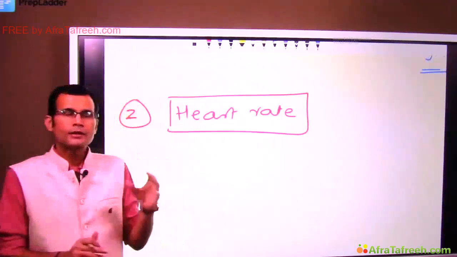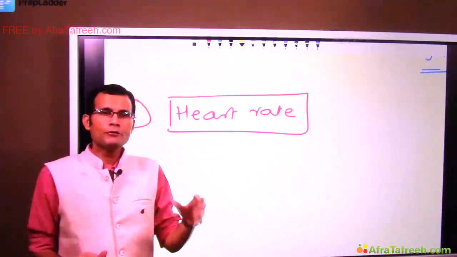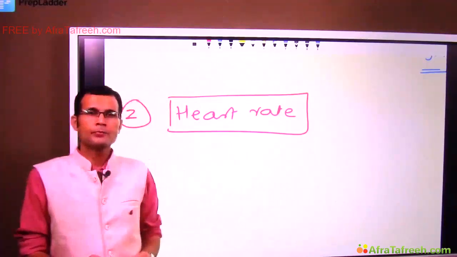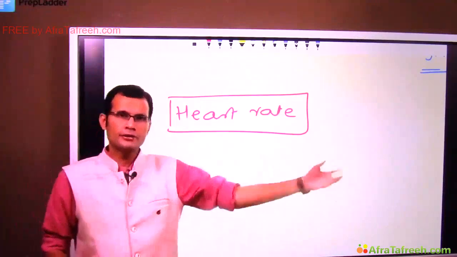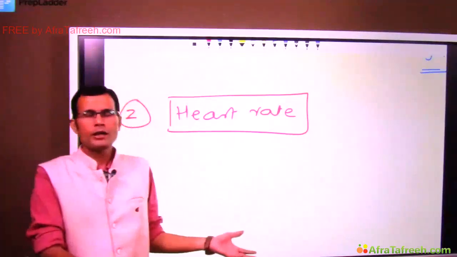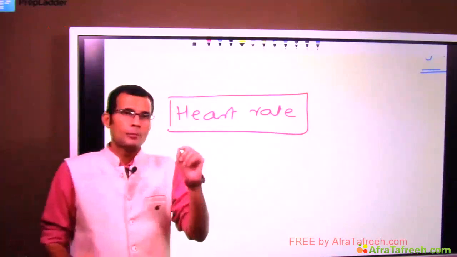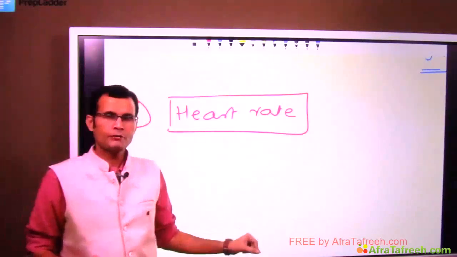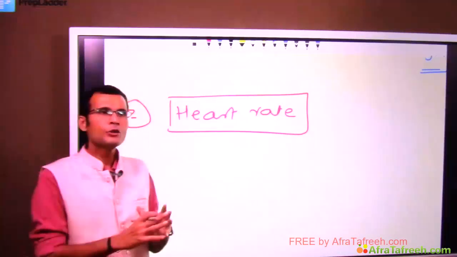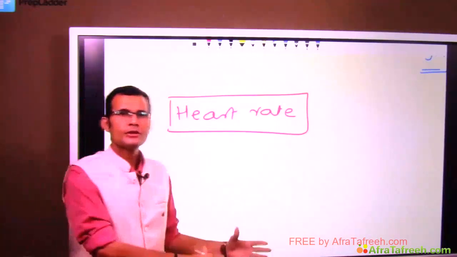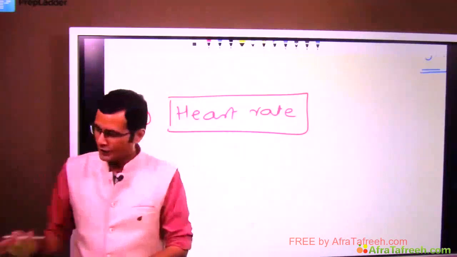Obviously, cardiac output is a product of stroke volume and heart rate. So if the heart rate increases, the cardiac output will have to increase. Yes, but before we understand this particular factor, I need to explain some other factor related to the heart rate.